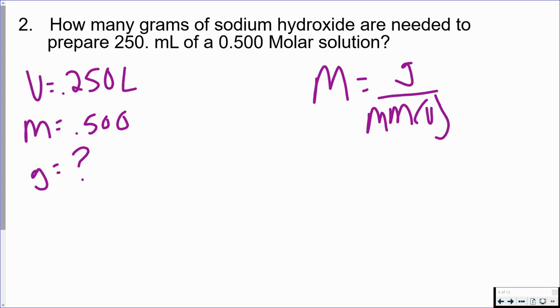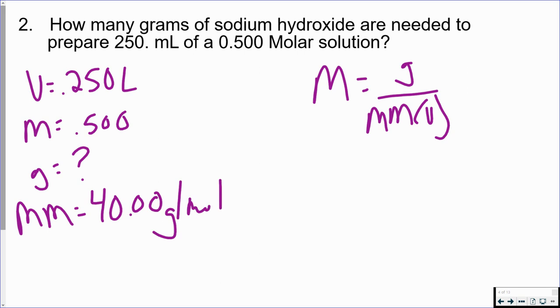Well, in order to do that, I need to find the molar mass. So on your calculator, take 1 sodium, 1 oxygen, and 1 hydrogen, add it together, and you're going to get a nice even 40.00 grams per mole.